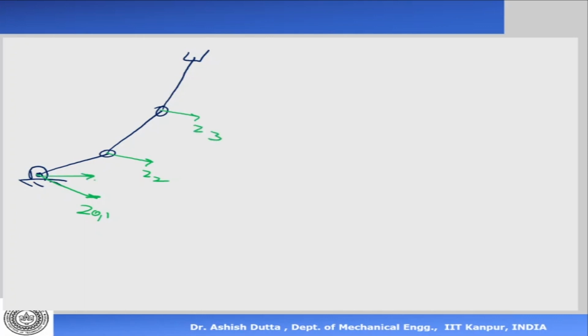My X0 is here, X1, X2, and X3 is here. This is my theta 1 angle. Theta 1 is the angle between X1 and X0. This is my theta 2 angle, and theta 3 is this one. Okay, those are the three angles.